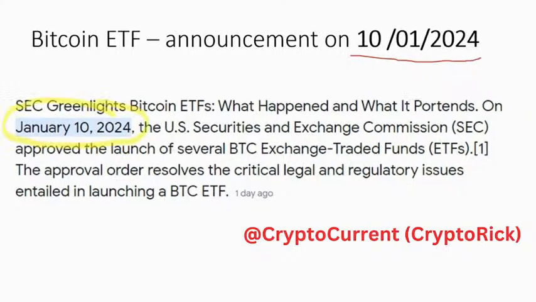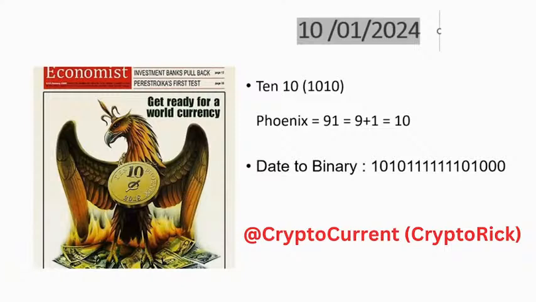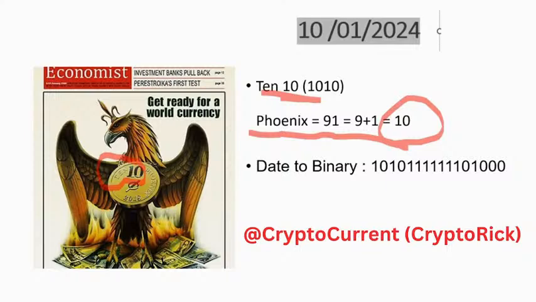So that's a 10-10 date, because 01 is also as above, so below. So 10-10, we can see here 10-10 on the Phoenix. The Phoenix, as you know, is 91 in Chaldean. 9 plus 1 equals 10, right? So of course it was released on a 10 date. So this proves that the Phoenix is clearly referring to Bitcoin.